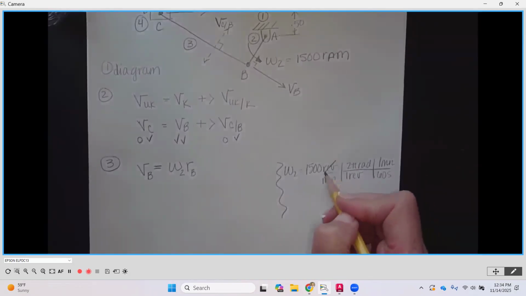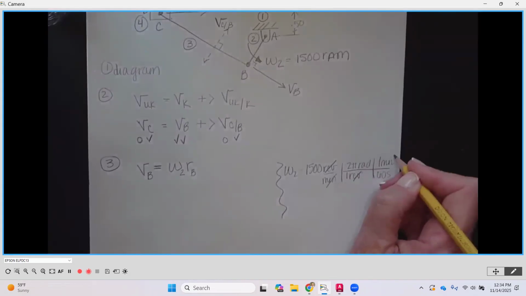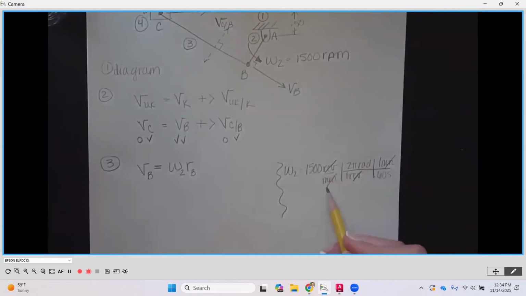If I look here, my revolutions cancel out top to bottom, my minutes cancel out top to bottom, and I'm left with radians per second. So I'm going to multiply across the top, divide by the bottom, and I will get a value for the magnitude of W2. Let me know what you get.